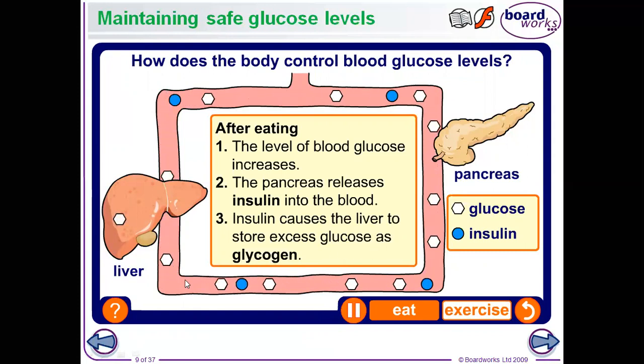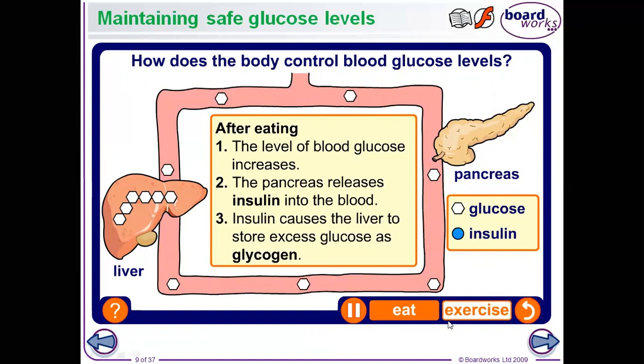This glucose will now start to be stored in the liver. It is converted into glycogen, and this is added to your blood. You can see it here in this blood vessel. The blood glucose level is coming back to normal, meaning it is decreasing now. Is it clear why? Because insulin causes the liver cells to store excess glucose in the form of glycogen.